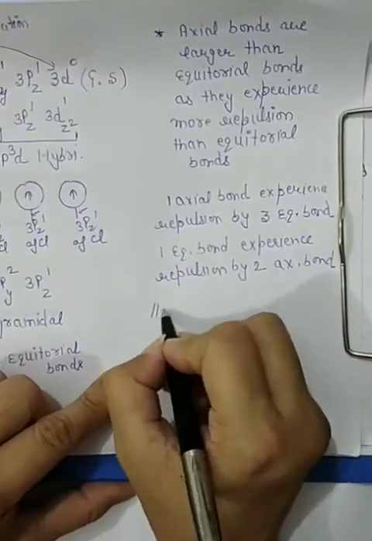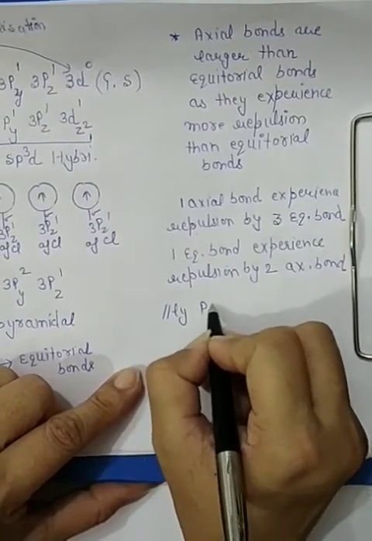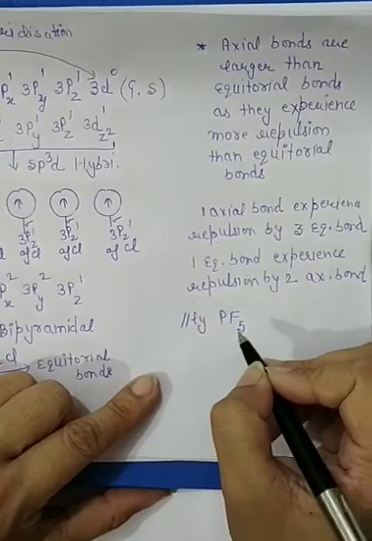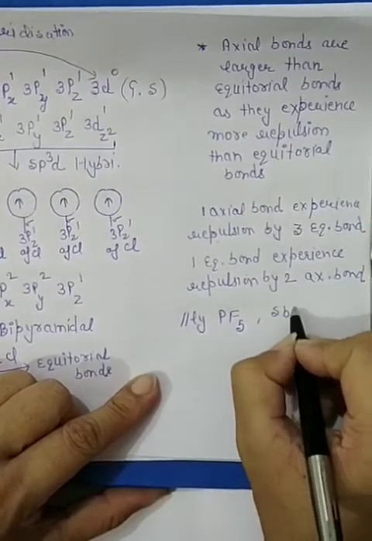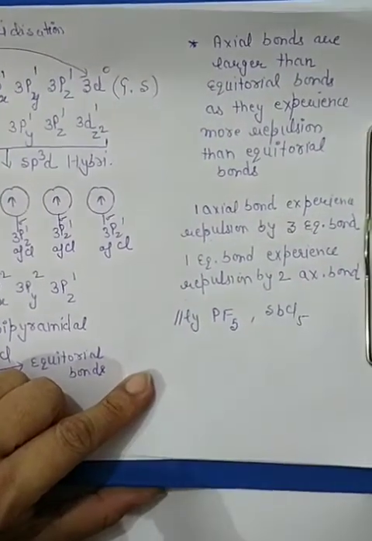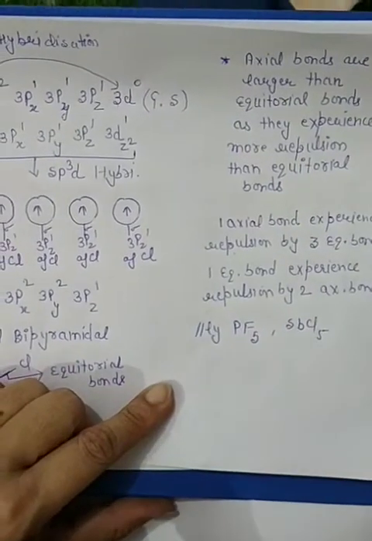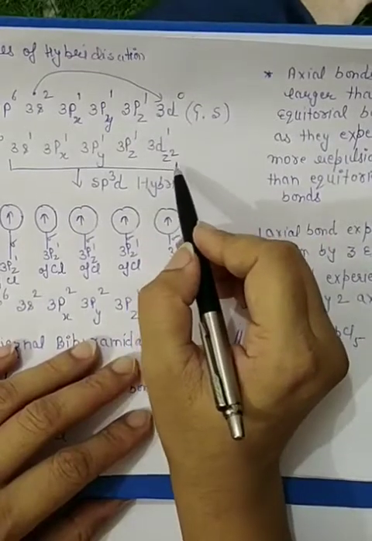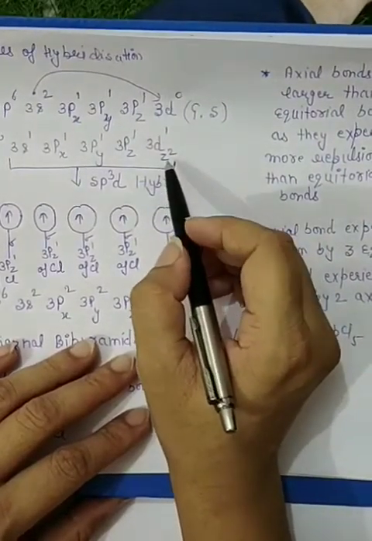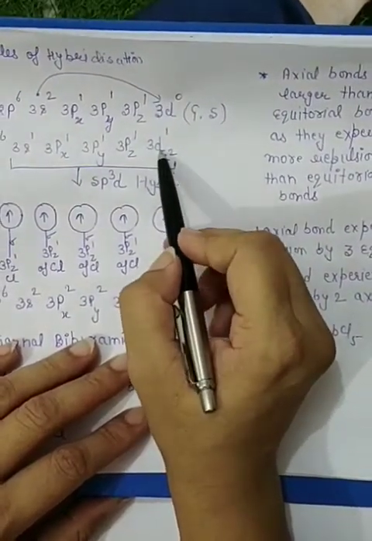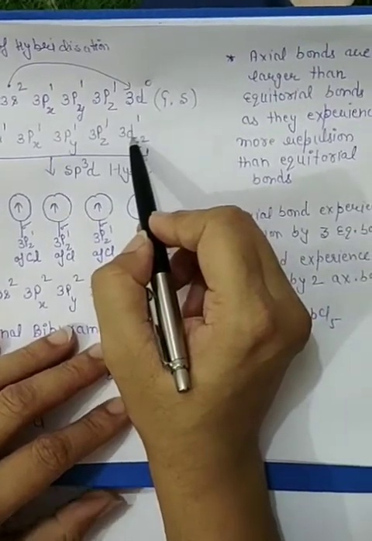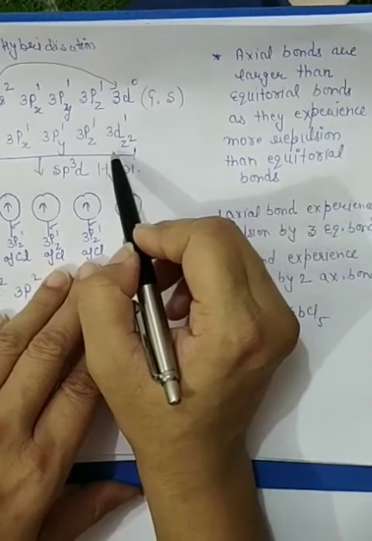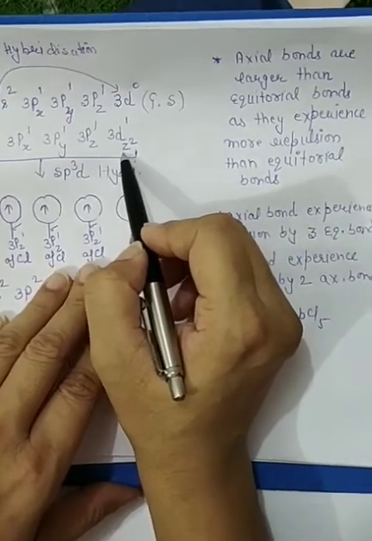Similarly, you can explain SbCl5, which also has sp3d hybridization. Here one point to be remembered is that the d orbital which participates in sp3d hybridization is the dz square orbital.